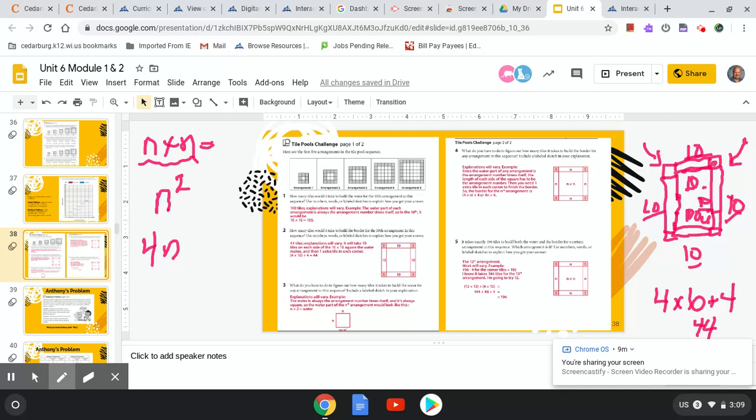And then I also had to consider each one of the corners. So then I had to add 4 more. And then that was the aha moment for us. We're like, what? That works.